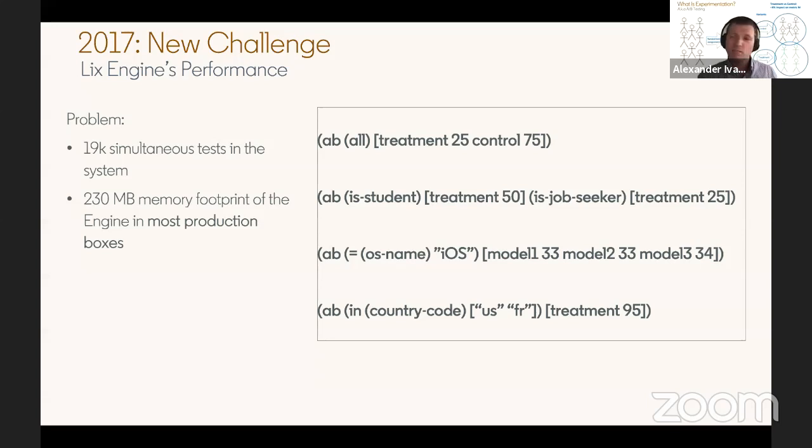If you multiply that by the scale of LinkedIn data centers, that's on the order of petabytes of memory being used. And the engine was also causing pretty high GC pauses, because it was generating a lot of temporary objects and retaining them long enough for the GC to have a long hiccup.